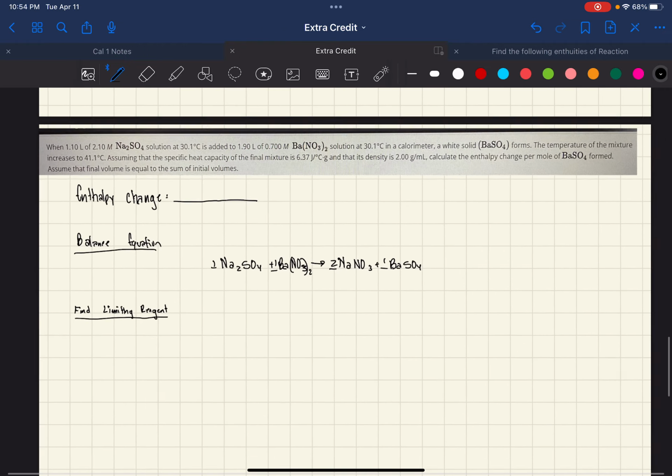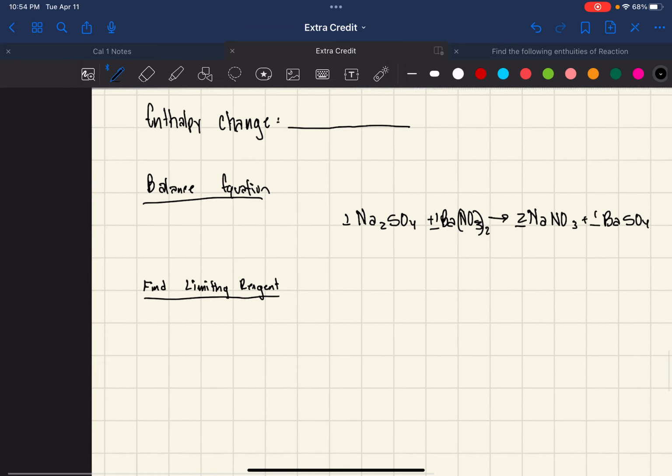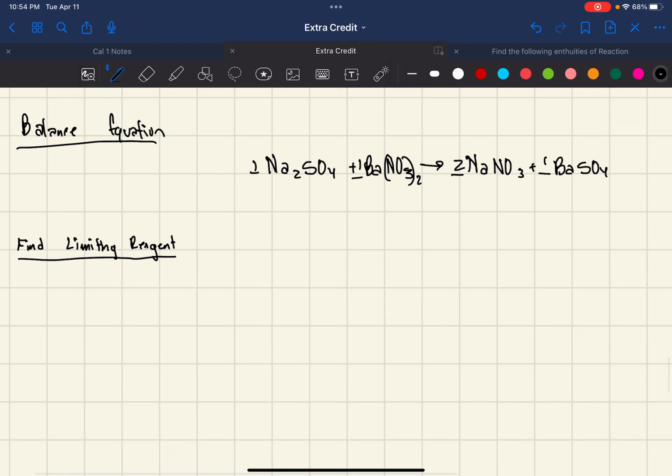So here, we're given molarity and liters. With that, we can find moles, and from there we can find our limiting reactant. So M1 V1 of Na2SO4 to moles Na2SO4, yields moles BaSO4.